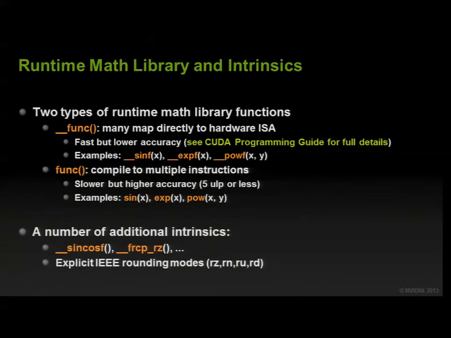What it will do is that all the calls to the transcendentals, to any of the other functions in math.h, will be replaced with their hardware equivalent. So instead of using sine, it will then use the __sinf that translates into a single instruction. It's going to be slightly inaccurate.